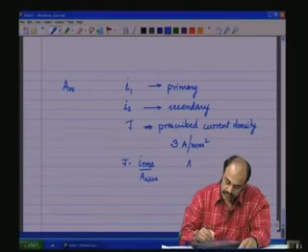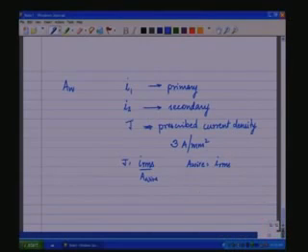So, area of cross section of the wire is dependent on I RMS by J, the recommended current density. So, you will obtain the A wire for the primary, the area of cross section of the wire for the secondary, based on I1 by J and I2 by J.